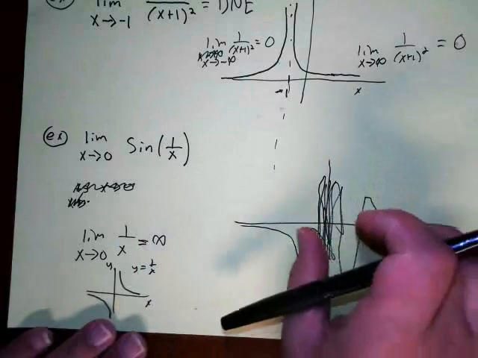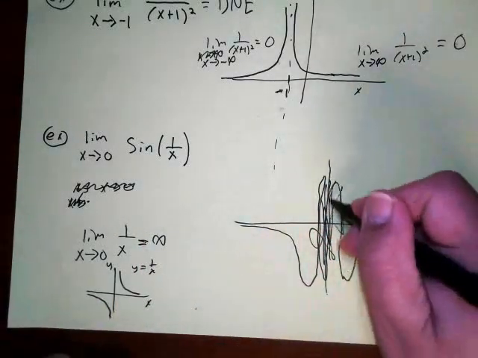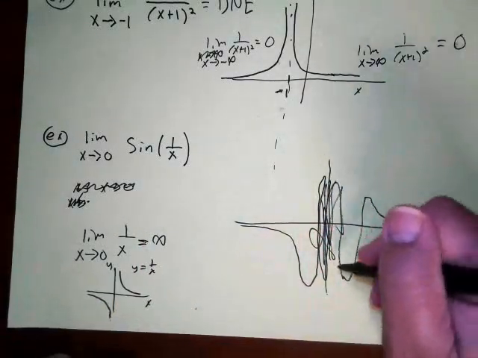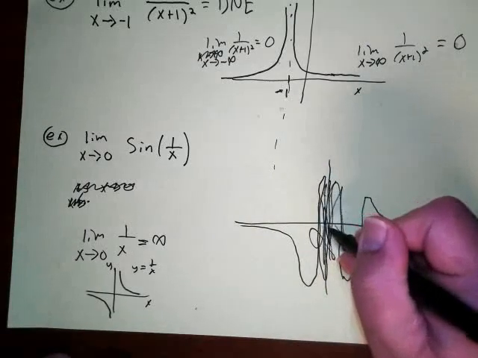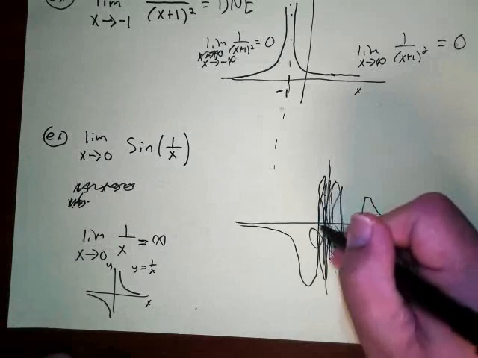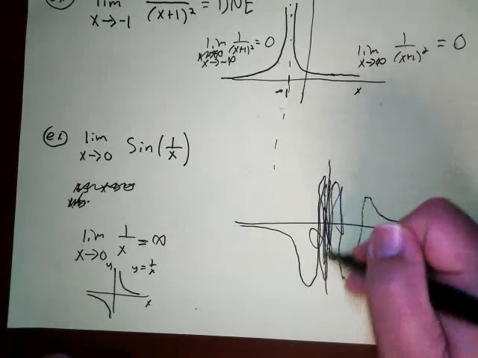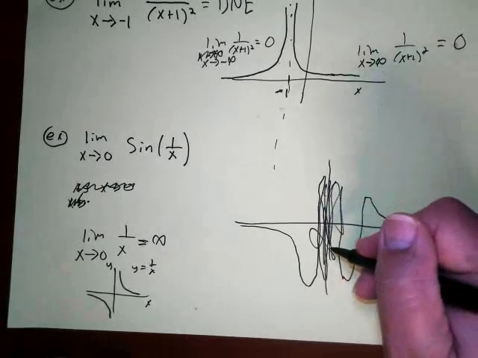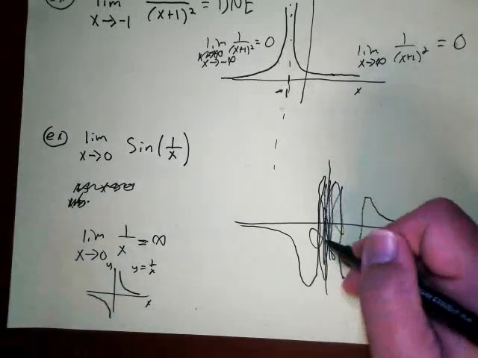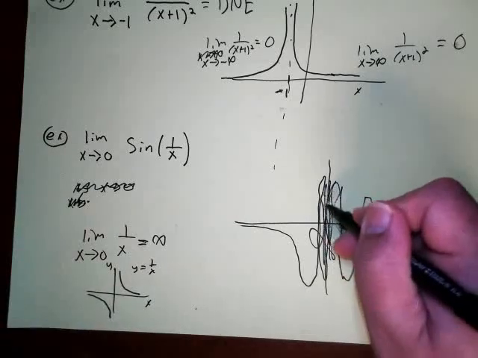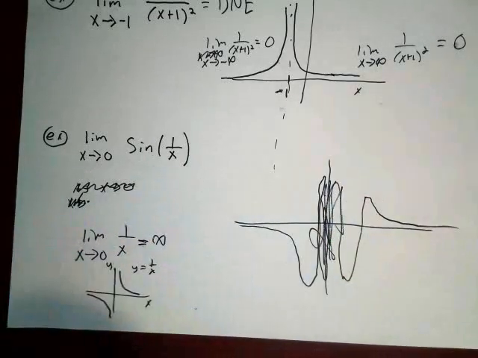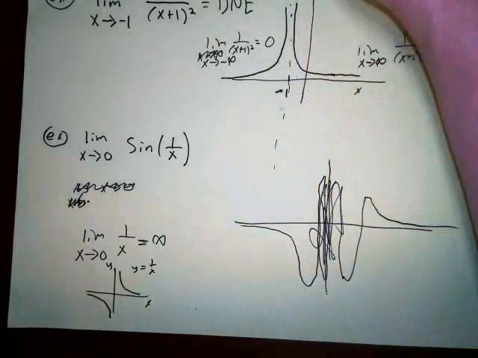But it's going off to infinity as you're getting close to 0, which means this thing just oscillates forever. So any interval around 0, no matter how small, you're going to have an infinite number of oscillations between negative 1 and 1. So there's no way to have a limit, because you can't get an interval around 0 where all the x values are going to lie arbitrarily close to whatever you want the limit to be. Okay? And that's the idea.